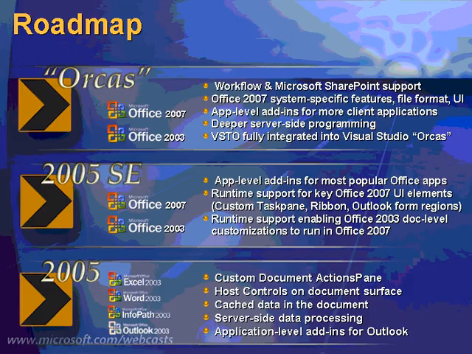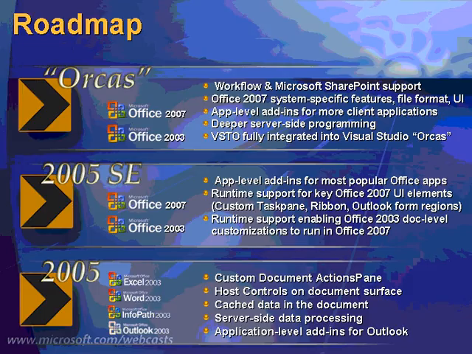So in VSTO SE, we provided support for the 2007 Office system. In particular, there were 6 applications that we supported, and I think that's Word, Excel, Outlook, InfoPath, Visio, and PowerPoint. And not only did we supply support for those 6 apps, we also included support for 5 of those in the Office 2003 edition.